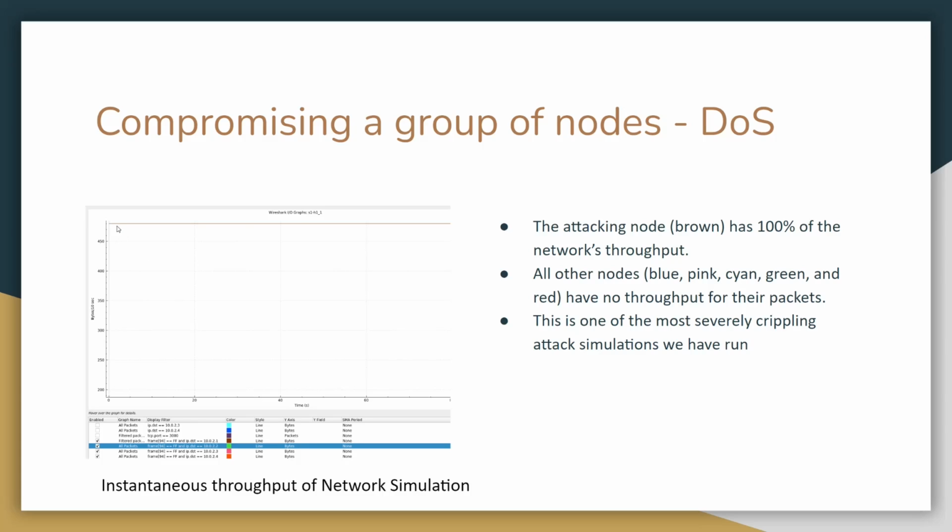It can be seen here that it's just a straight line of bandwidth, aka the attacker never gets any interruptions or anything along those lines. It will keep sending requests and receiving them just as fast as they request it, basically. This is definitely one of the more severely crippling attack simulations that we ran, due to the fact that there's literally no other traffic on the victim machine's network.